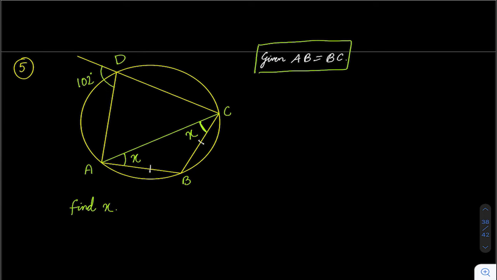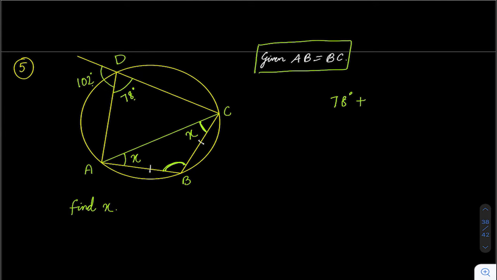When this angle is 102, obviously I can find this angle. The sum of these two angles should be 180, a linear pair, so this angle should be 78 degrees. I hope everyone is clear about this. Now I can find this angle B because the sum of opposite angles is 180.